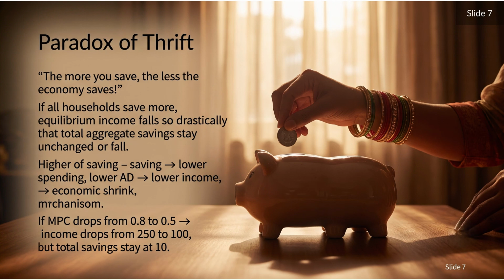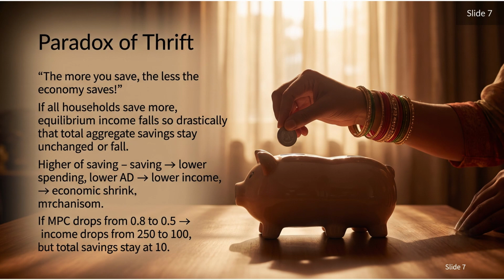If every single household in India suddenly decides to save more and cut their spending at the same time, aggregate demand plummets. Because one person's spending is another person's income. I repeat, because one person's spending is another person's income. So, if people are not spending, how will other people earn?